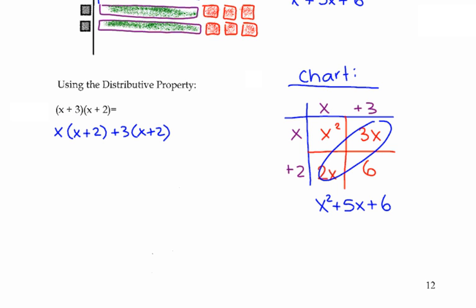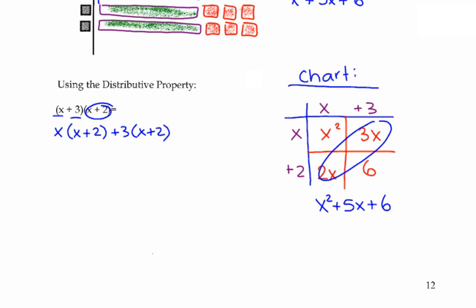They both need to be distributed into the x plus 2. So that's how we write out the first step. So we have our x times the x plus 2, and then the 3 times the x plus 2.